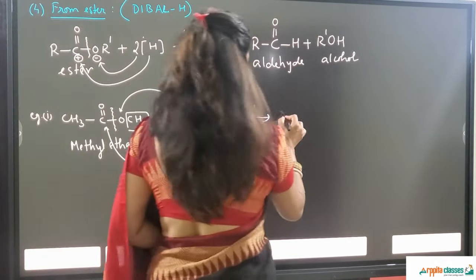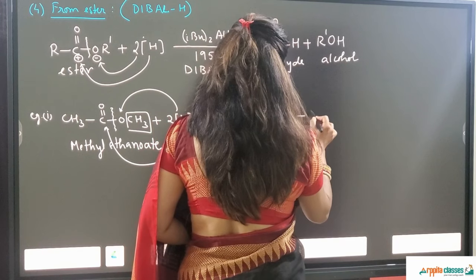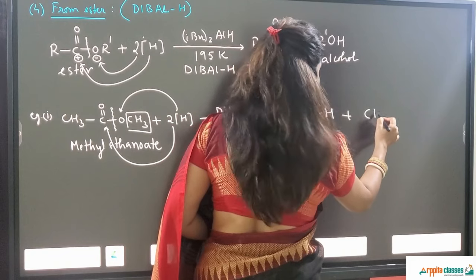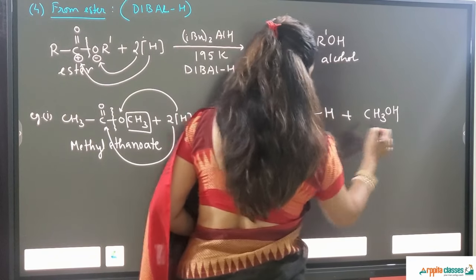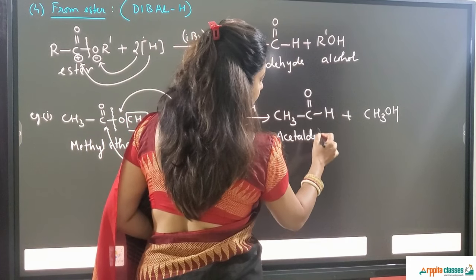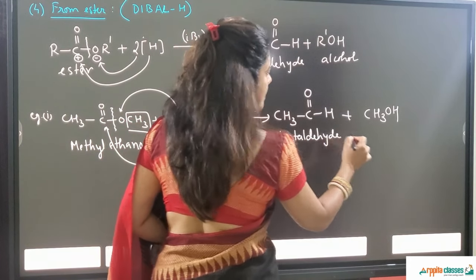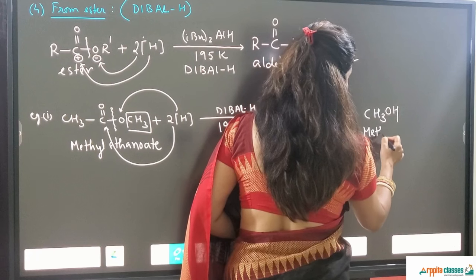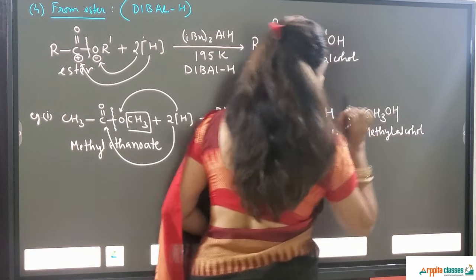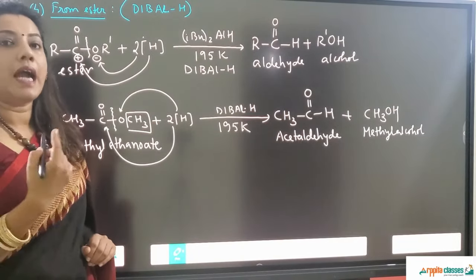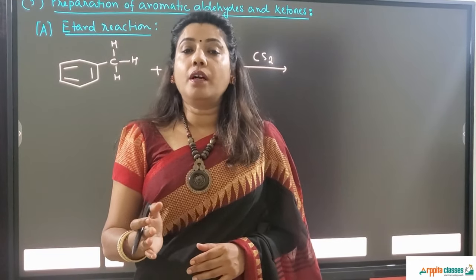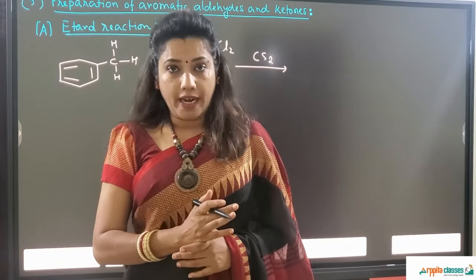So we get CH3 C double bond OH plus CH3OH. This compound is called acetaldehyde and this is called methyl alcohol. So in this reaction we are getting both aldehyde and alcohol. So with reaction 4 we completed the preparation of aliphatic aldehyde and ketone.